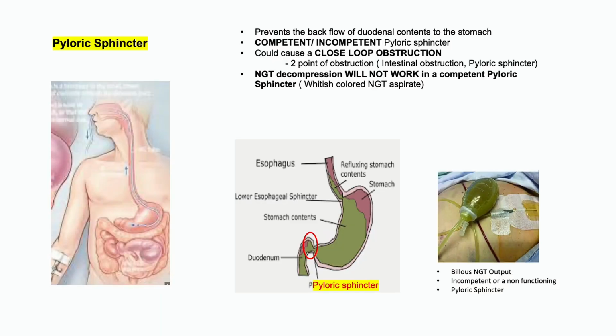Only an incompetent or a non-functioning pyloric sphincter will allow the NGT tube to work through decompression, as manifested by a greenish or bilious NGT output.